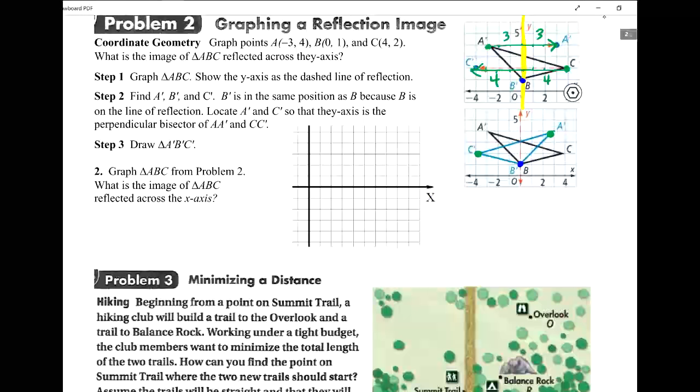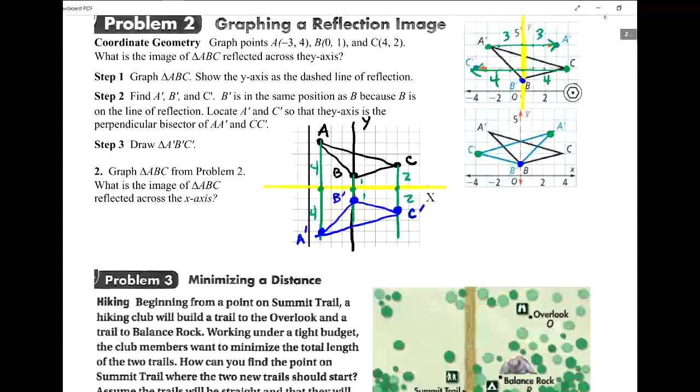Now, before you start, I'm going to give you a hint, and I'm going to tell you to redraw your y-axis right here. Make this your y-axis and ignore that over there. All right, hopefully you got that hint. Okay, I graphed my triangle ABC, and then it says to reflect across the x-axis.